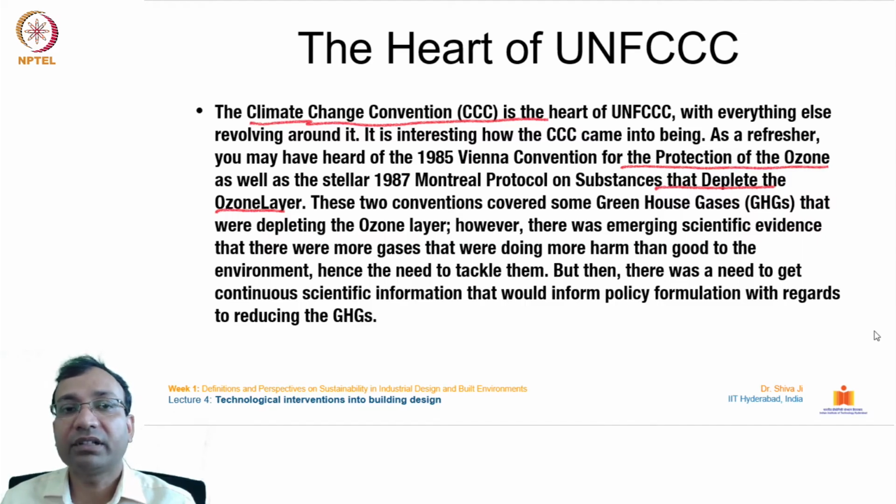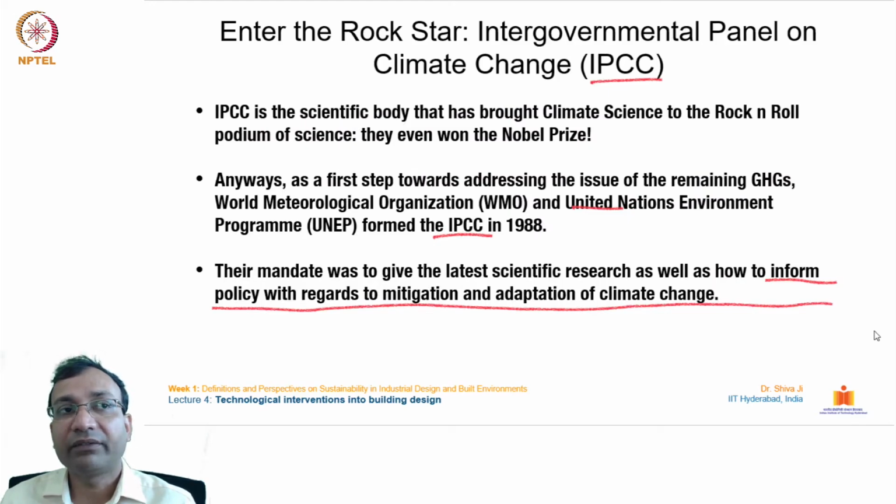But then there was a need to get continuous scientific information that would inform policy formulation with regard to reducing the GHGs. Well, from here enters the rockstar Intergovernmental Panel on Climate Change, IPCC. You may be aware of this organization. IPCC is the scientific body that has brought climate science to the rock and roll podium of science.